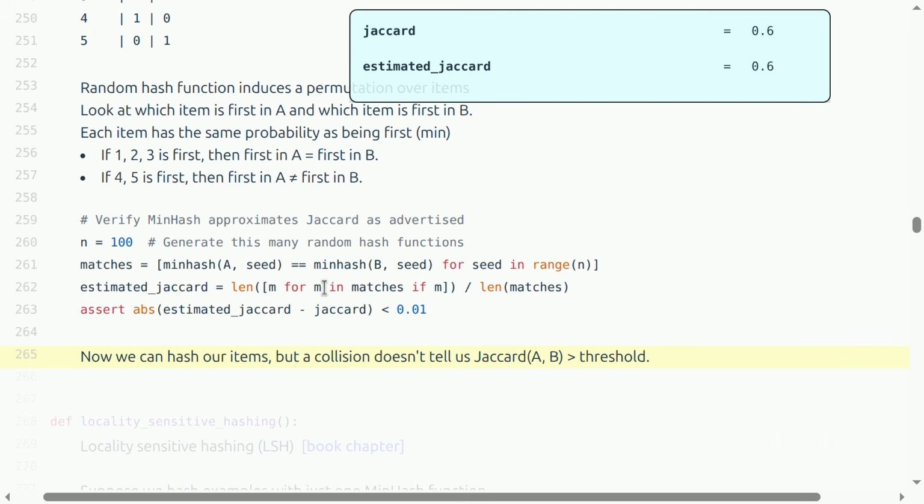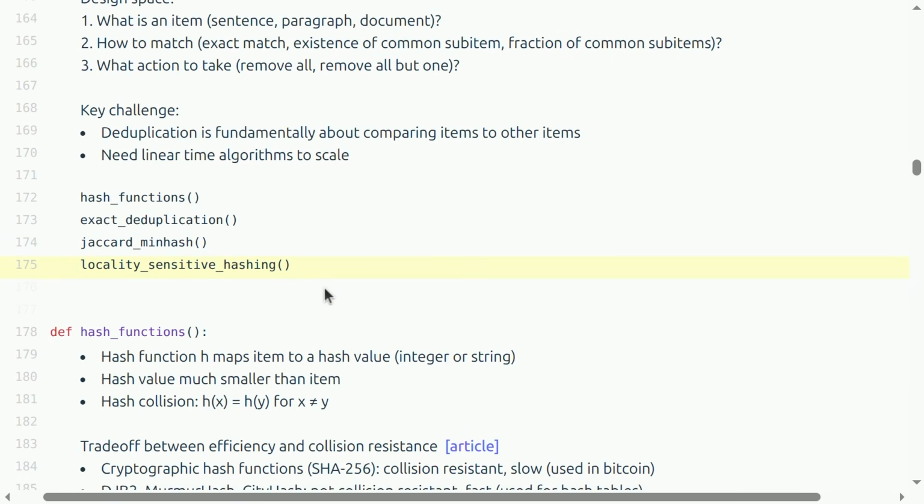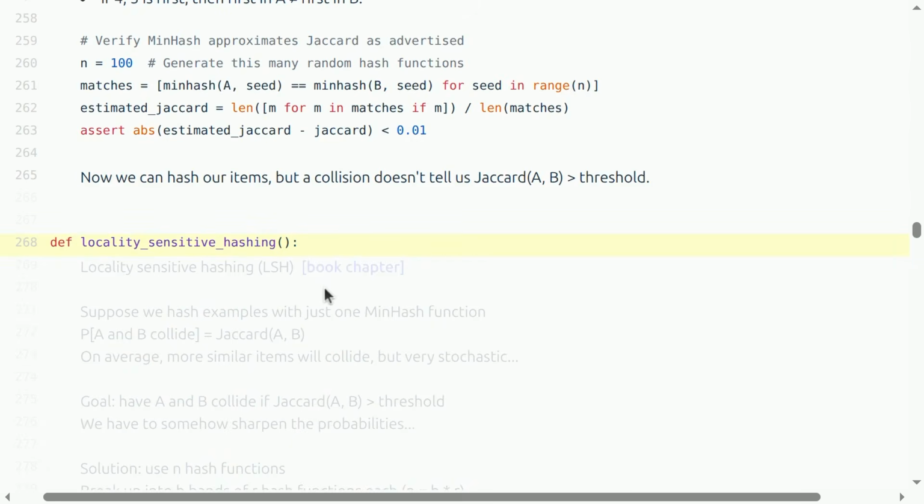But that's not really that useful by itself. It's stochastic, and I can't get anything reliable here. So the next idea is called locality-sensitive hashing, which essentially solves this problem. This is a very classic idea in theoretical computer science, and it's quite nice.